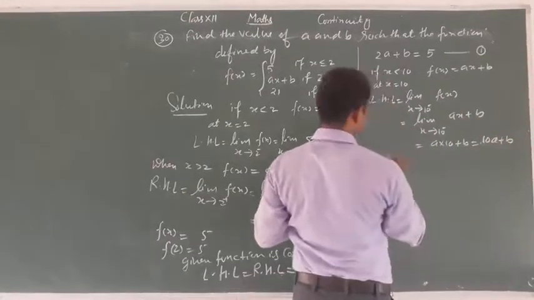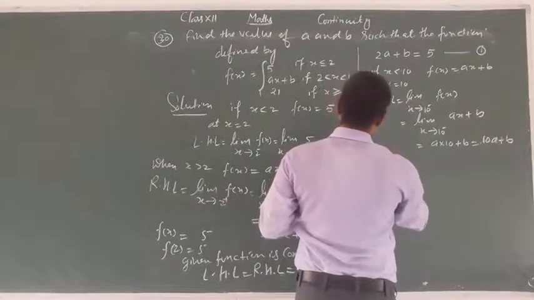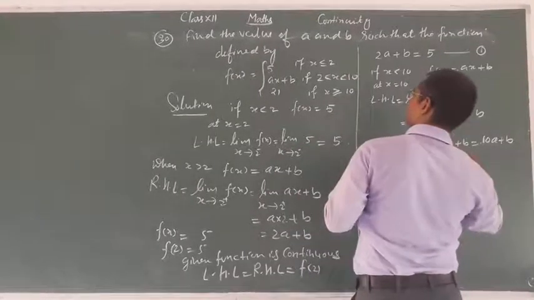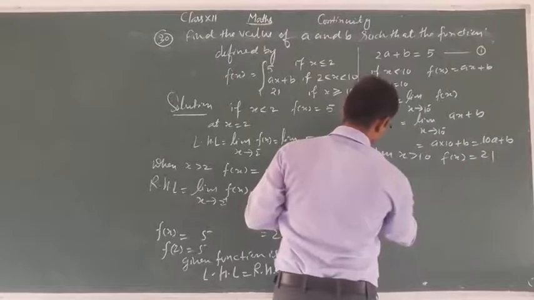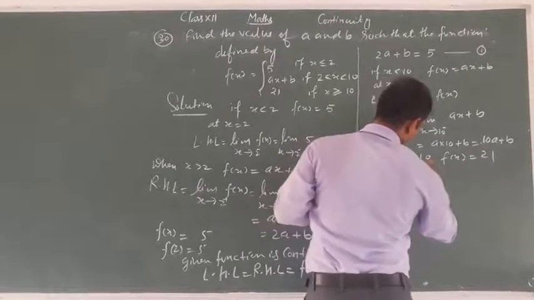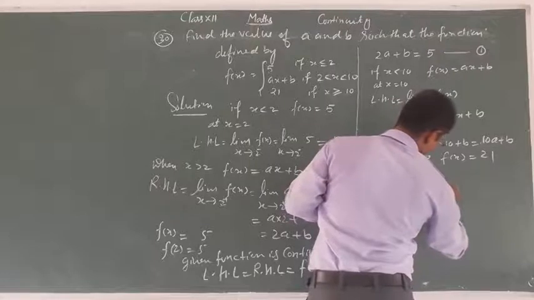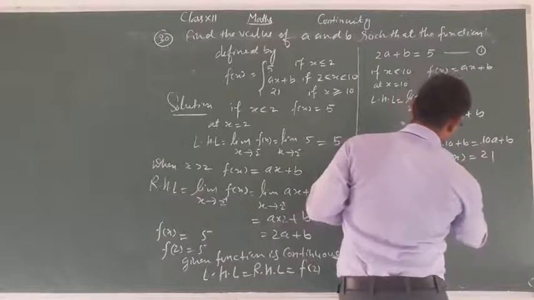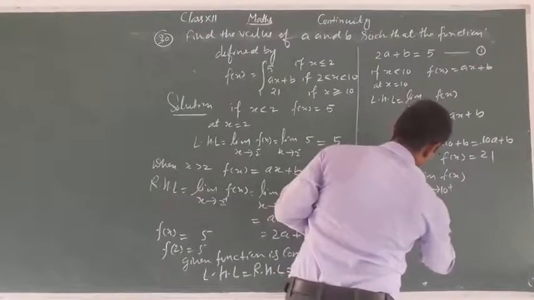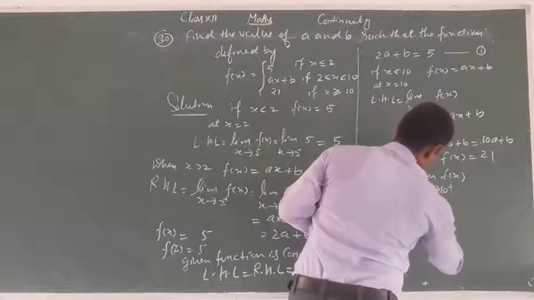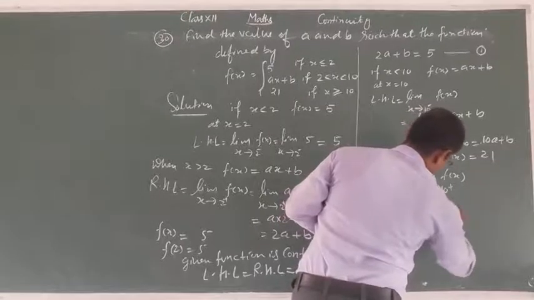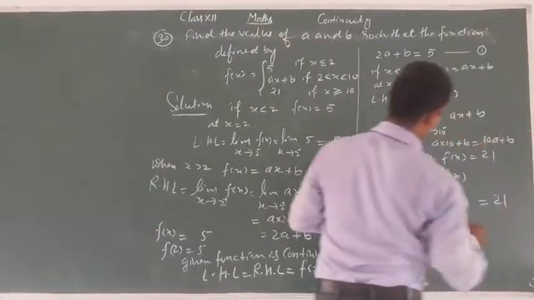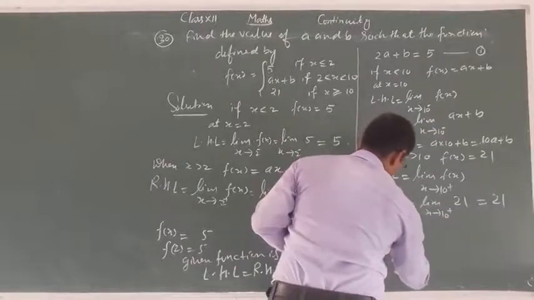And also, when x is greater than 10, the function f(x) is equal to 21. So the right hand limit, limit x tends to 10 from the right of f(x), is equal to 21.